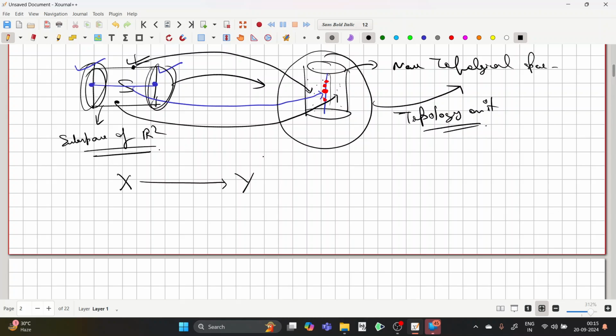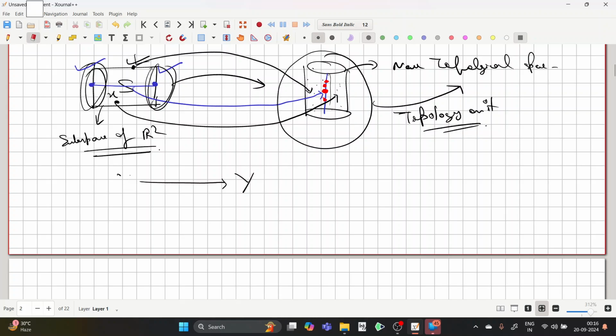I guess I am now making some sort of sense. What I can try to do is send each of these points which are not on these vertical edges to themselves. I am writing the notation on the right hand side a bit later. Whatever points I have on these vertical edges, I can send to this line, the points formed from the identification of these points.